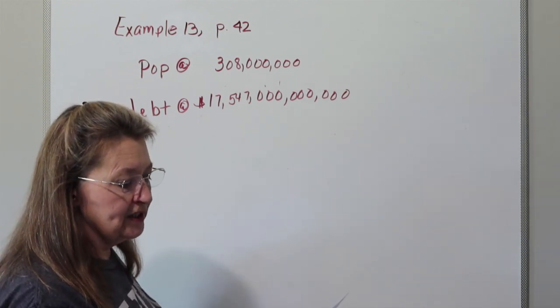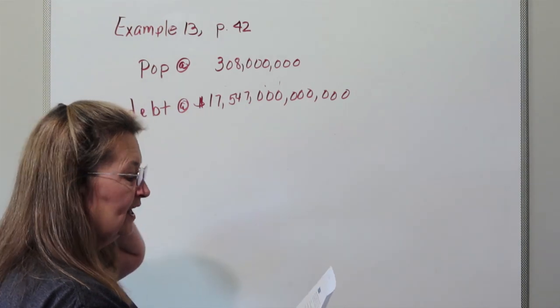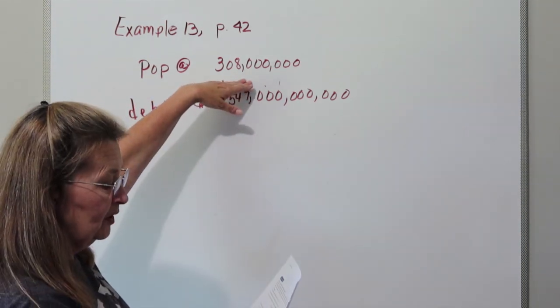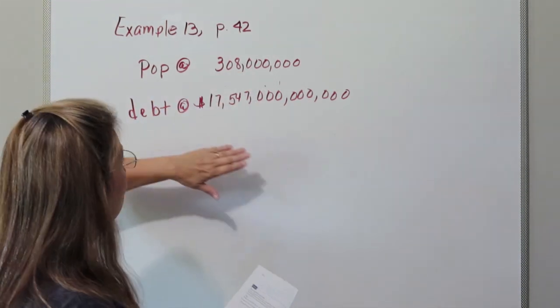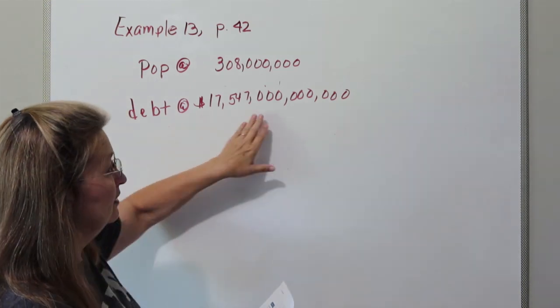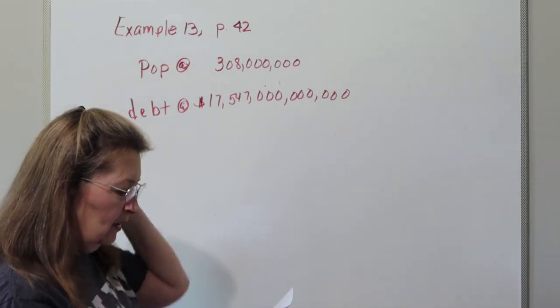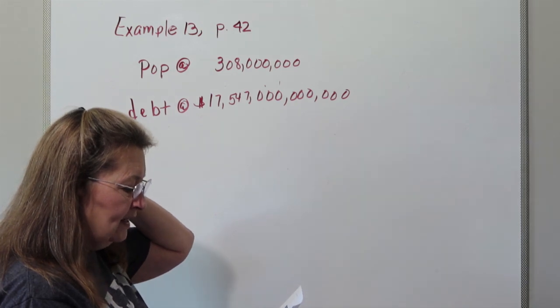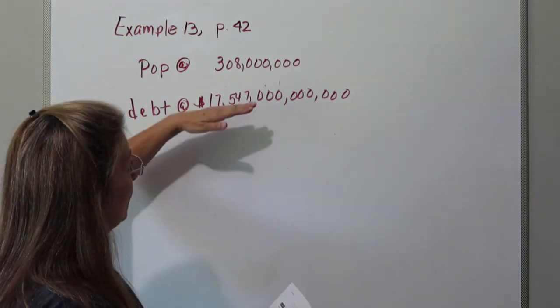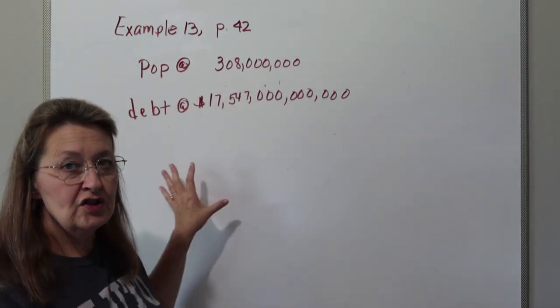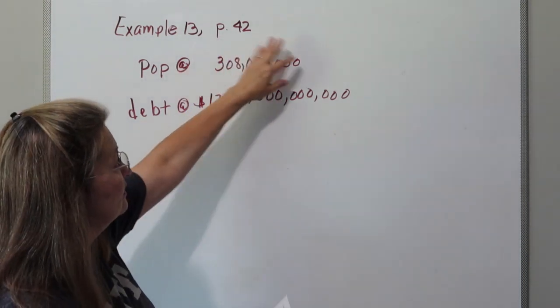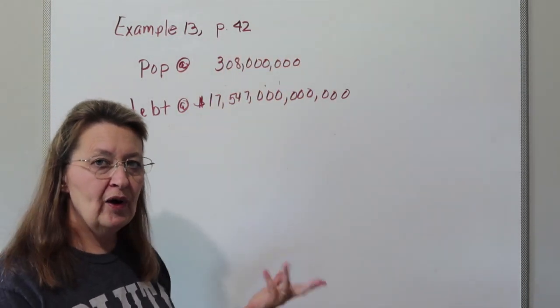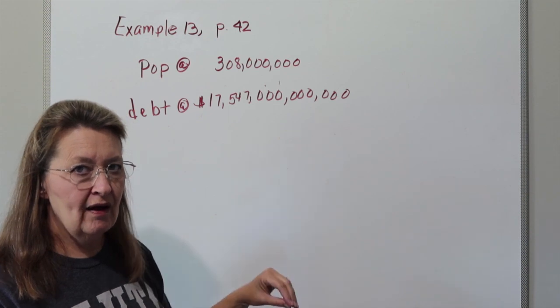In April 2014, the population of the United States was 308 million people. The national debt was about 17,547 and 9 zeros. We want to find the amount of debt per person. So if this is the debt, and this is the number of people, what operation do we need to do to sort that out?